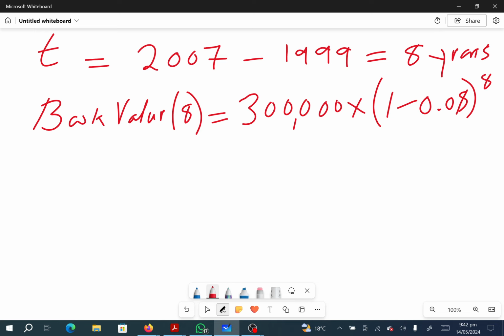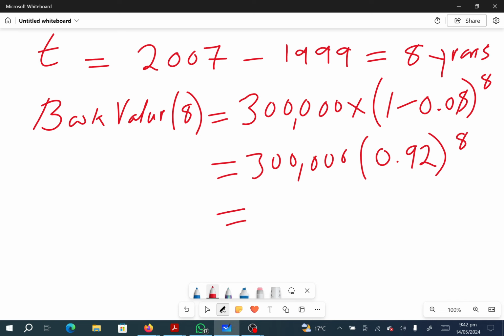So we can compute that: 300,000 times 1 minus 0.08, which is 0.92, to the power 8. So say 0.92 to the power 8, and your answer you get, then multiply it by 300,000.